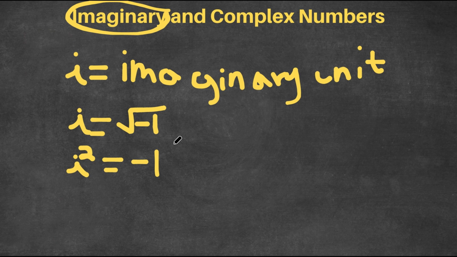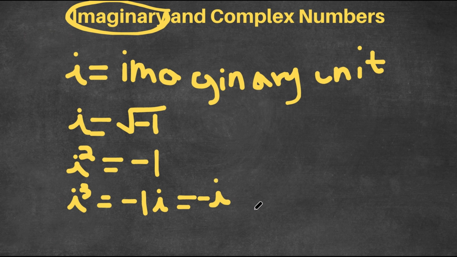But yeah, so now that we know that i equals the square root of -1 and i squared equals -1, we also know that i to the power of 3 is going to equal i squared times i. In other words, -1 times i. And this is simply equal to -i.